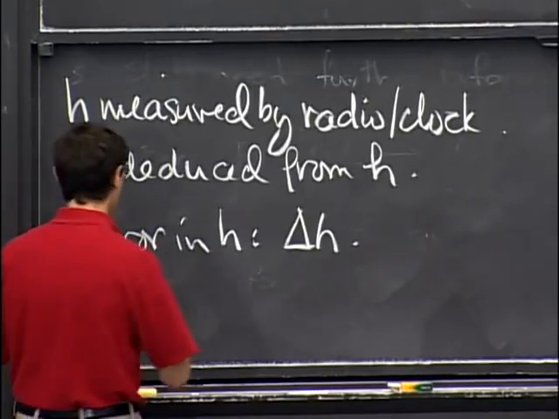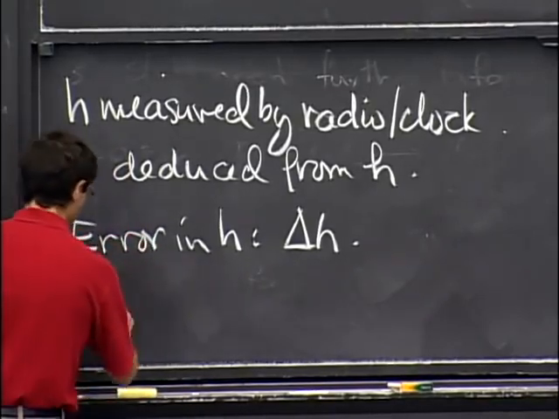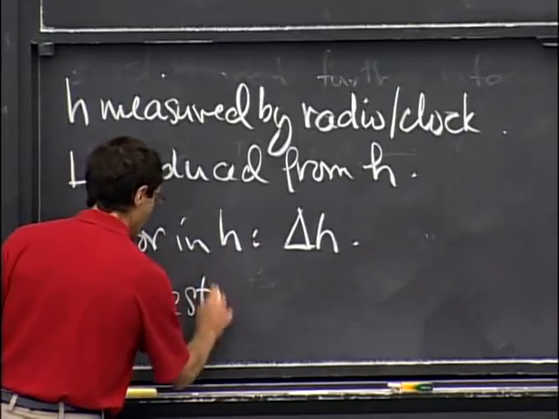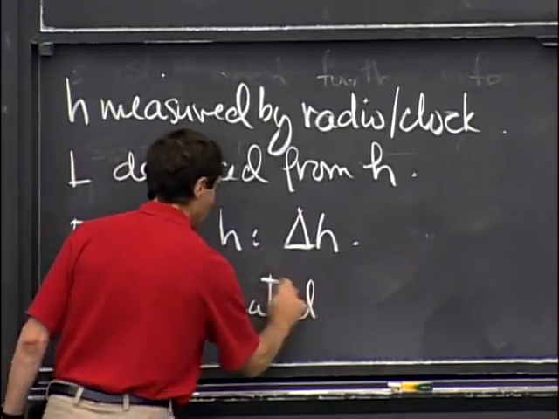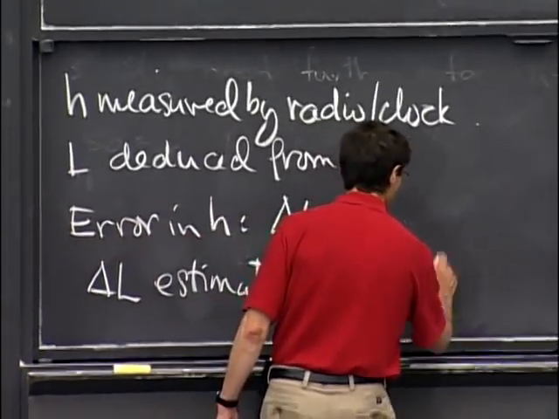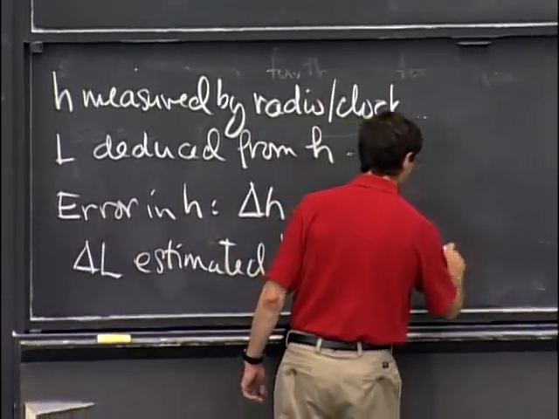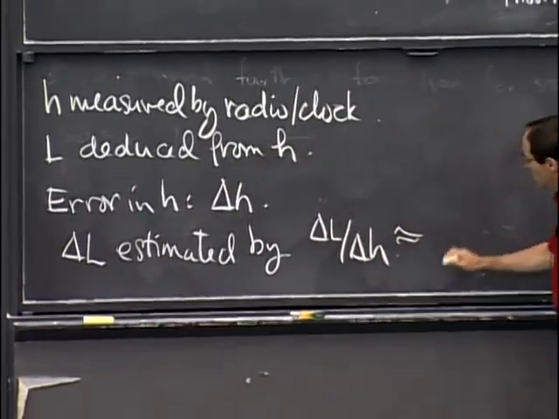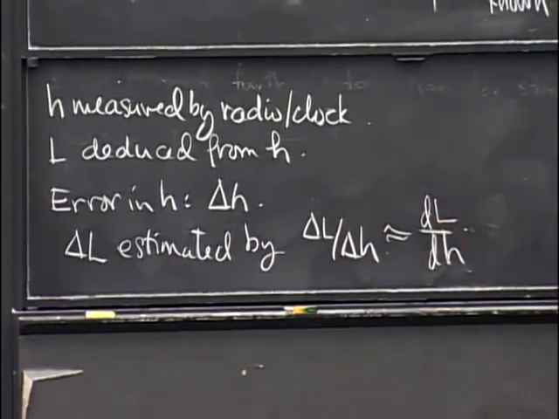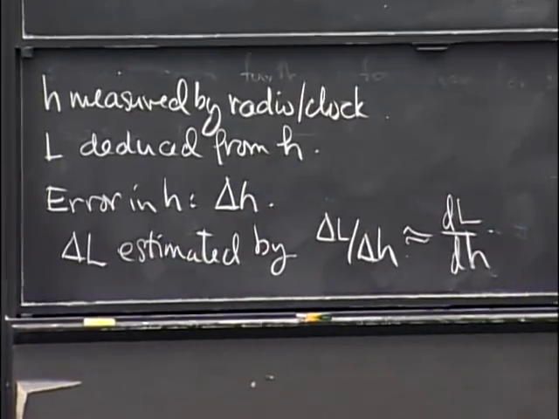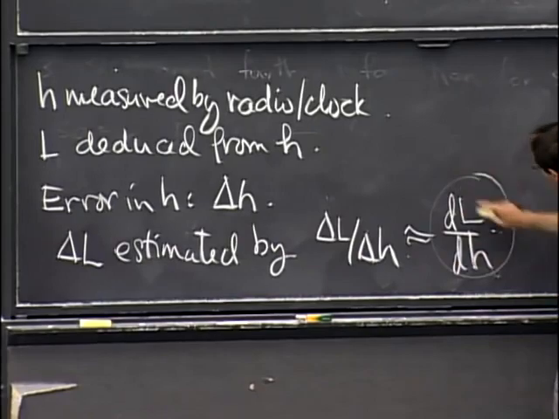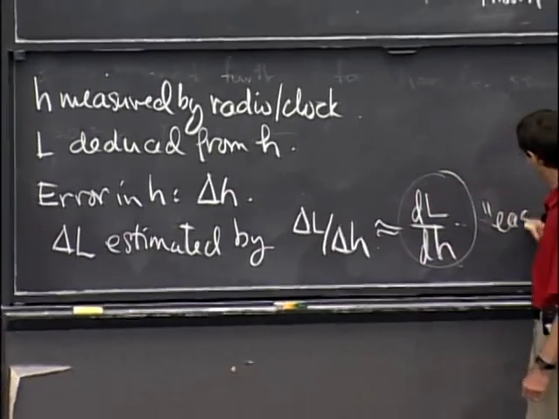So the idea is delta L is estimated by considering this ratio, delta L over delta H, which is going to be approximately the same as the derivative of L with respect to H. So this is the thing that's easy because, of course, it's calculus, right?